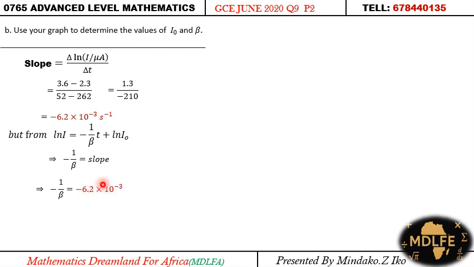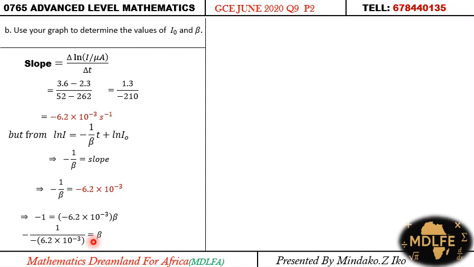So I can just cross multiply. We are going to have negative 1 equal to negative 6.2 times 10 to the minus 3, times beta. Then we divide all through by this quantity, such that negative 1 divided by the negative of this value equals beta. So our beta is equal to 161.5 seconds.